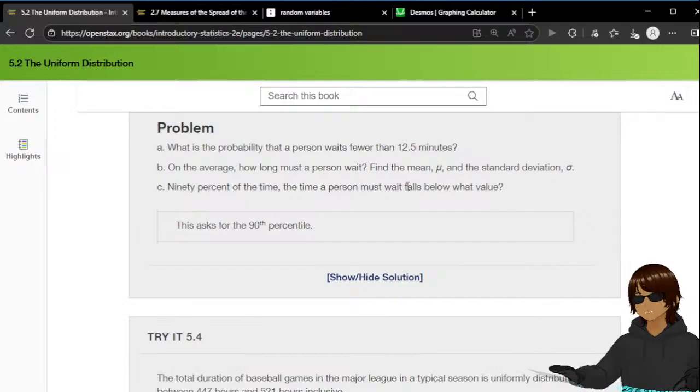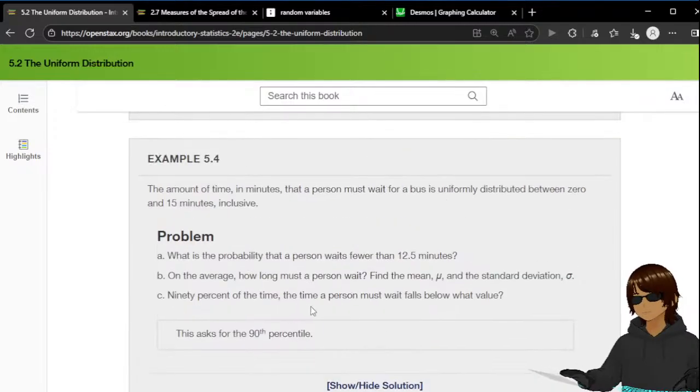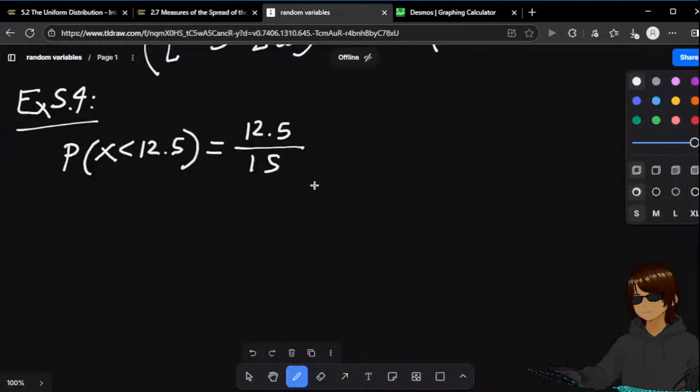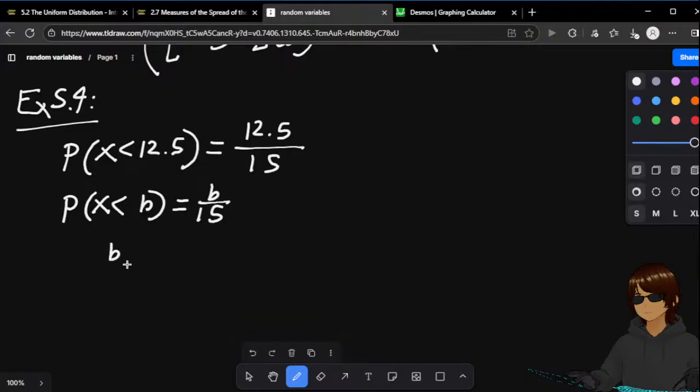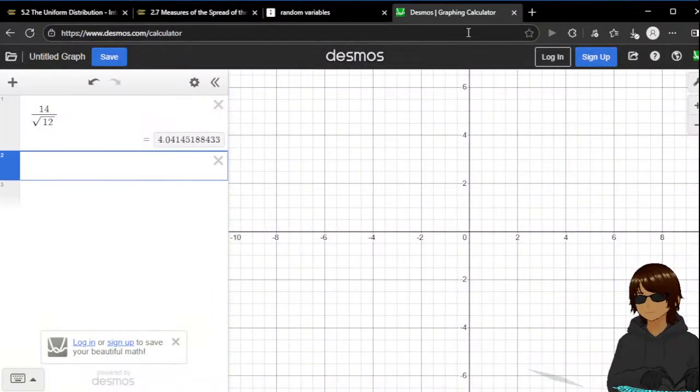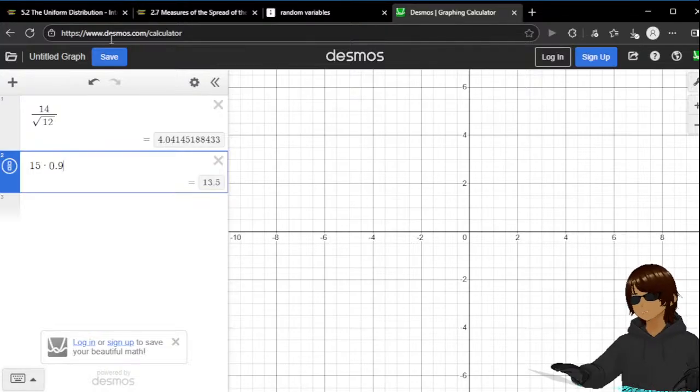90% of the time a person must wait falls below what value? So they want the probability of x, let's say, b over 15. They're asking us when b over 15 is 0.9, right? 13.5.